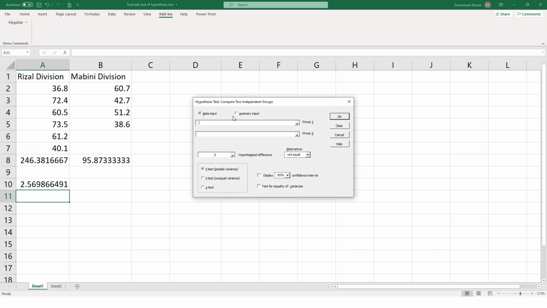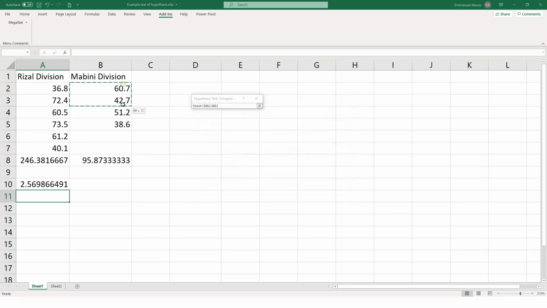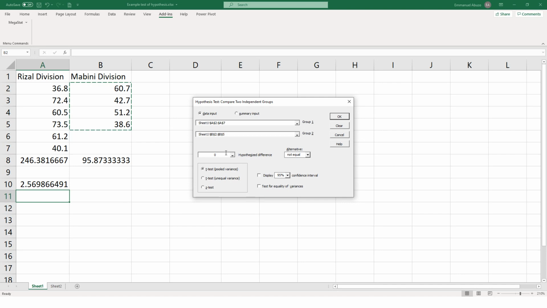In our group 1 is the Rizal division, and our group 2 is the Mabini division. Now take note, our hypothesized difference is 0 because in our null hypothesis, the variances are equal. So if we hypothesize equal, then if we subtract the numbers, it is equal to 0.